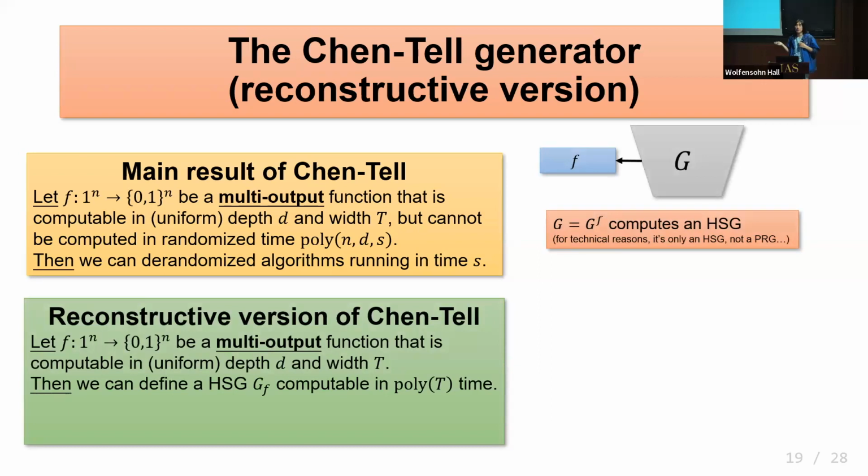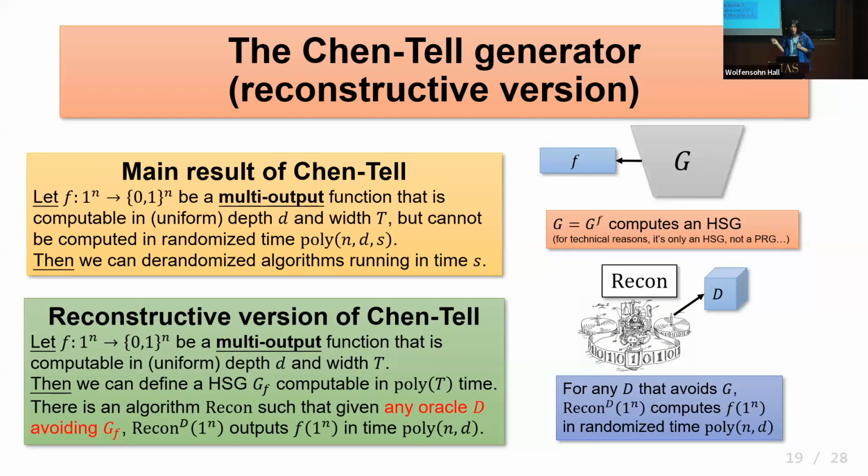To build this generator, you need to examine the whole computational history of f. After you build the generator, you can use it to derandomize algorithms. There is a reconstruction algorithm that, given any oracle that breaks the hitting set generator, can help you compute the output of f. The reconstruction algorithm's running time only depends on the depth, and there are some polylog T dependences which I omit.